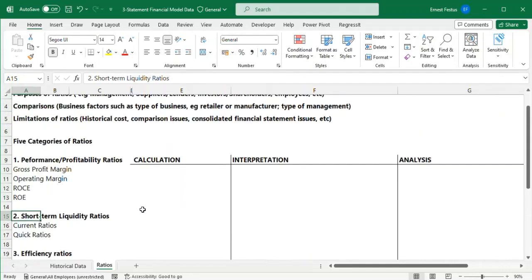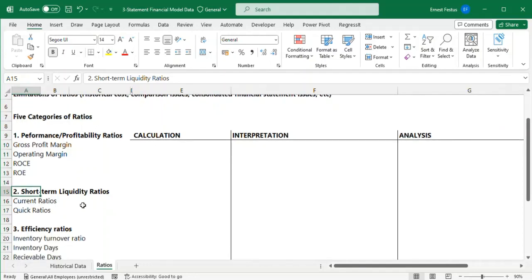So these are the 5 broad categories of ratios that we have in finance and accounting. So under the performance or profitability ratios, we have the gross profit margin, operating margin, return on capital employed or ROCE, and then we also have the return on equity or the ROE.